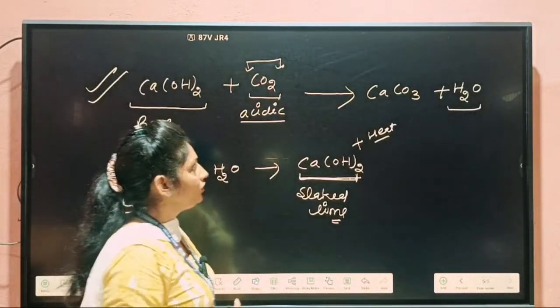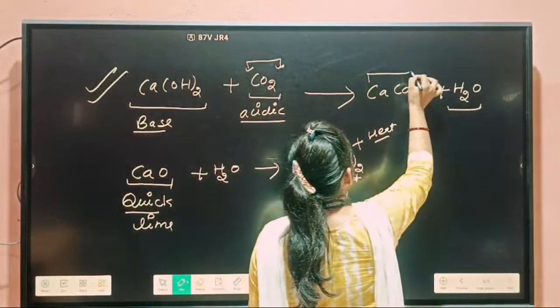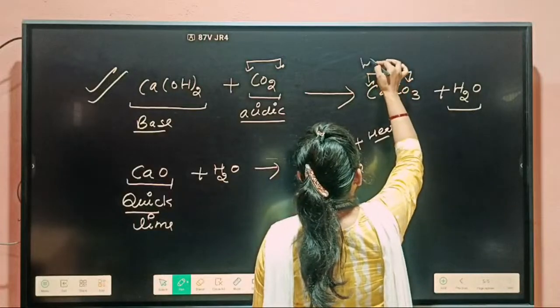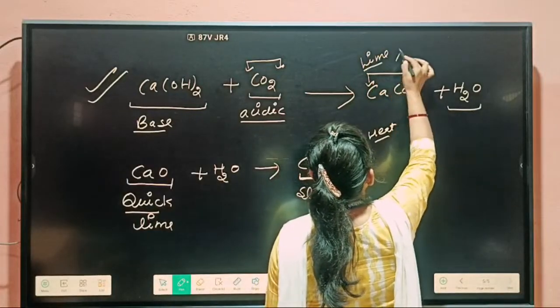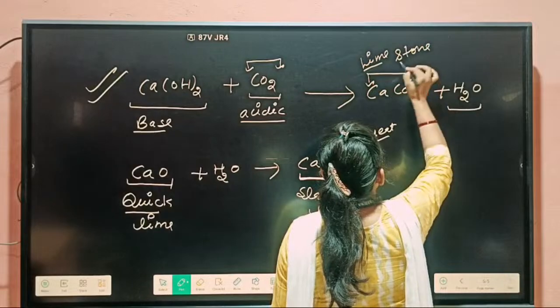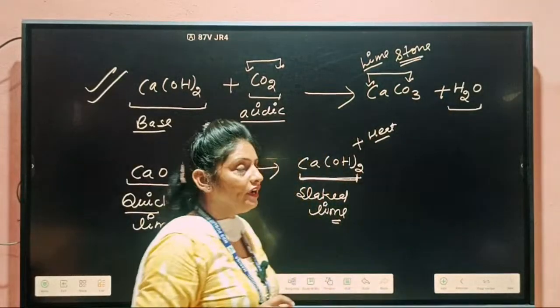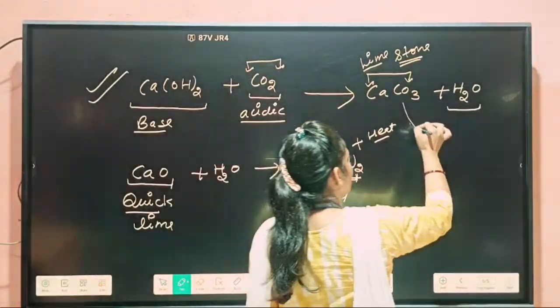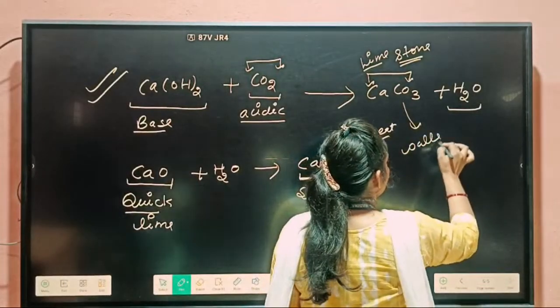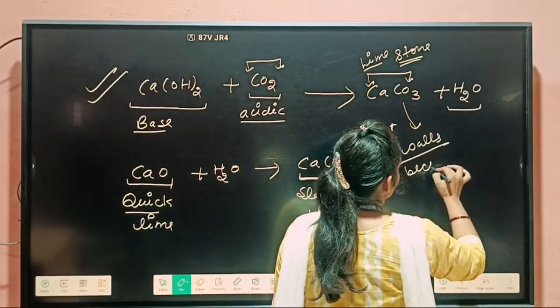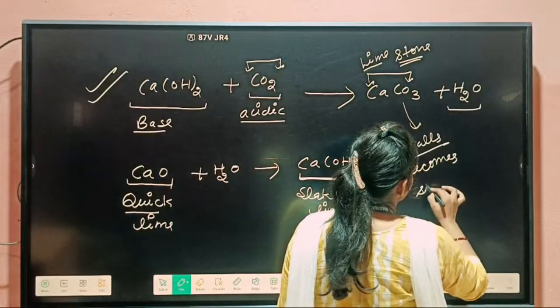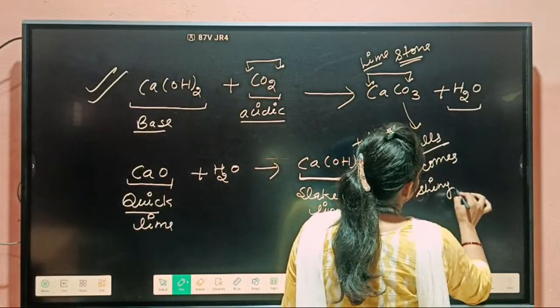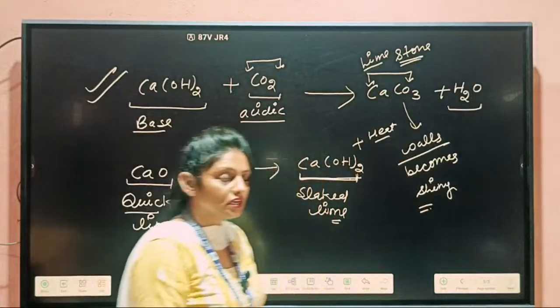After reacting with carbon dioxide, students, it will form CaCO3, calcium carbonate. Its common name is limestone. And due to formation of this, the wall becomes shiny. I hope this point is clear to you.